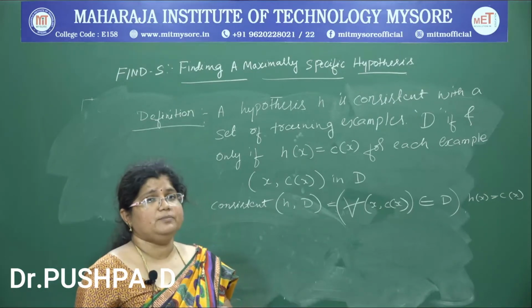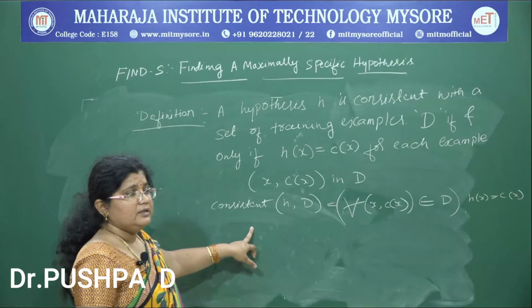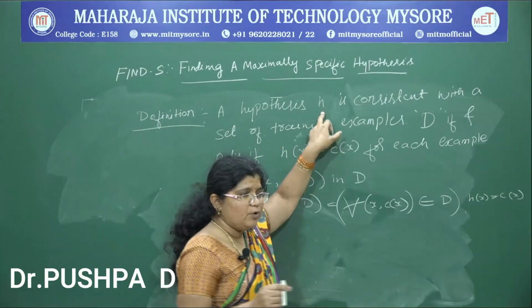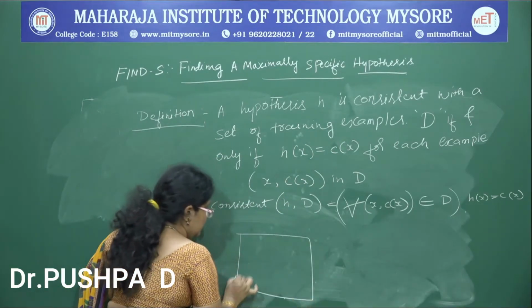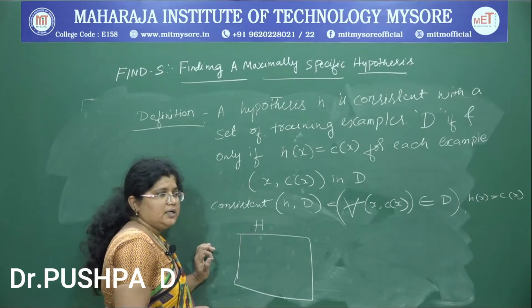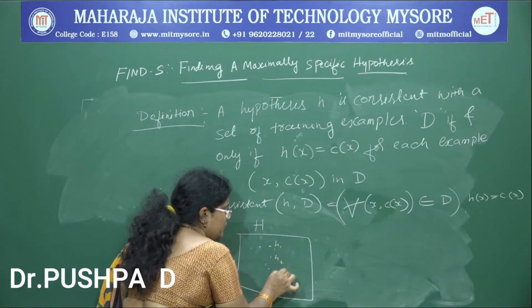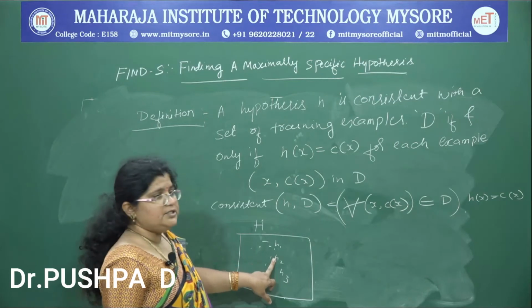Based on this definition, in a large space H, capital H, there will be a set of hypotheses H1, H2, H3, small h.